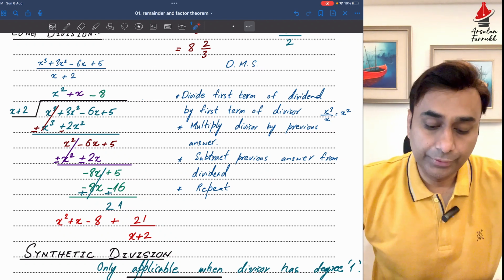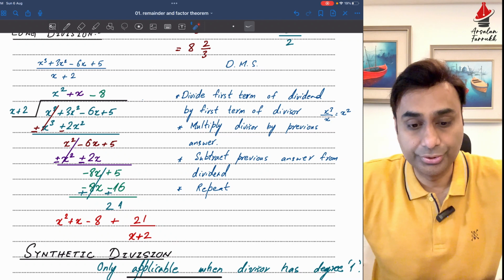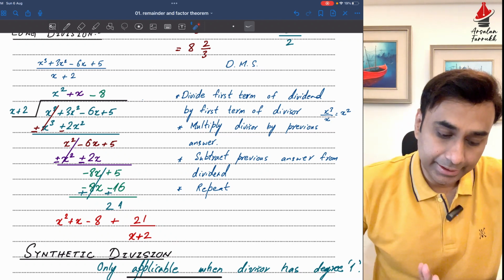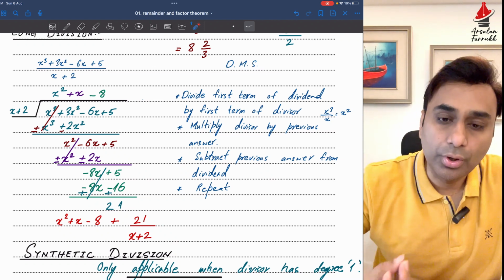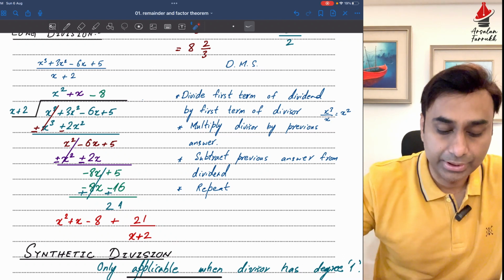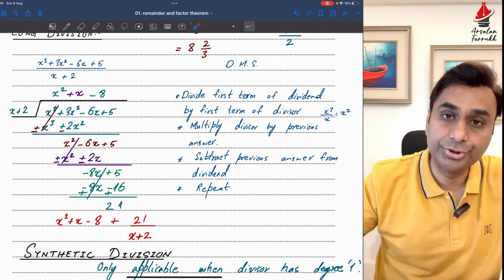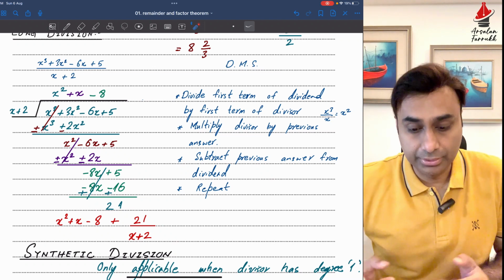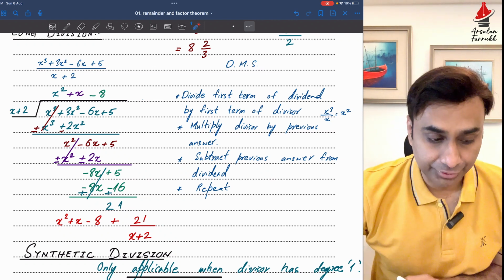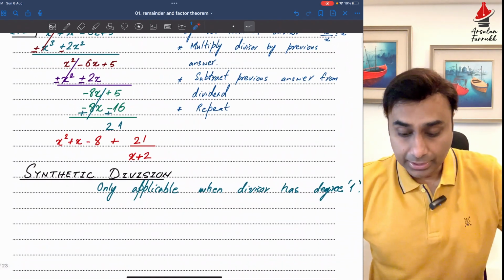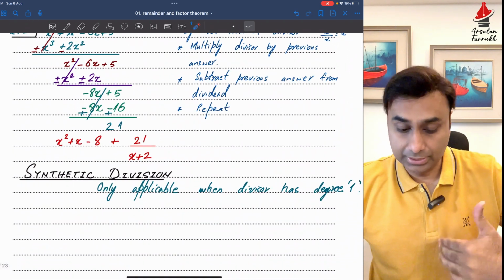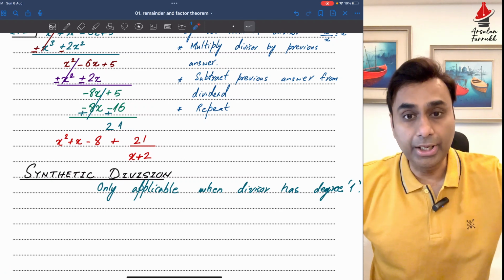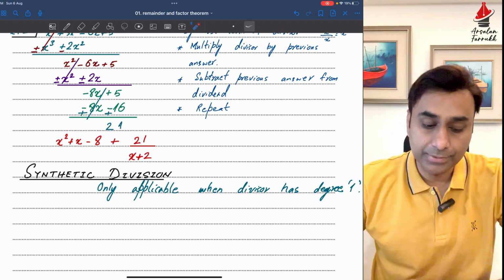In some situations, you can also perform synthetic division. Synthetic division is a much shorter route towards achieving the same result. So if you want, you can do the same division again, just to get the results directly by using synthetic division.